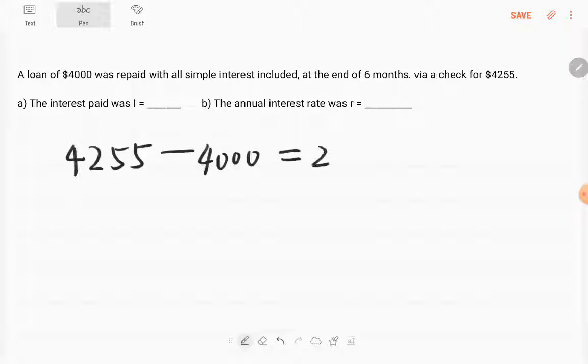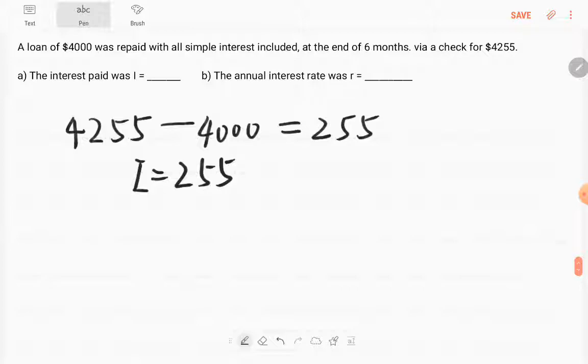It's equal to $255. So this would be the actual money for the loan. So this is also the interest. So from this example, this is the simple interest, I is equal to $255.